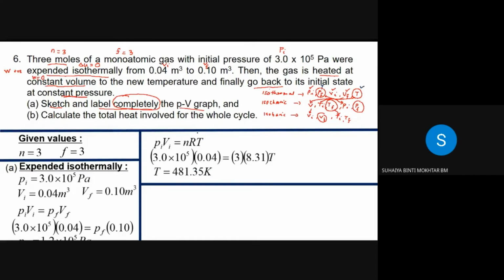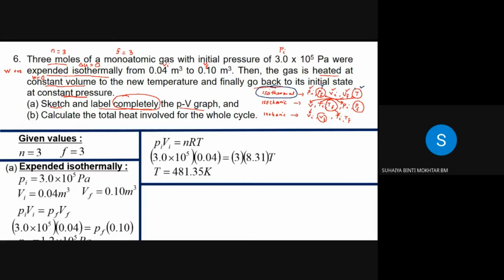So you get 481.35 Kelvin. So that completes the isothermal process. Can you understand? So to complete the isothermal case, we have P initial, P final, V initial, V final, and T temperature.